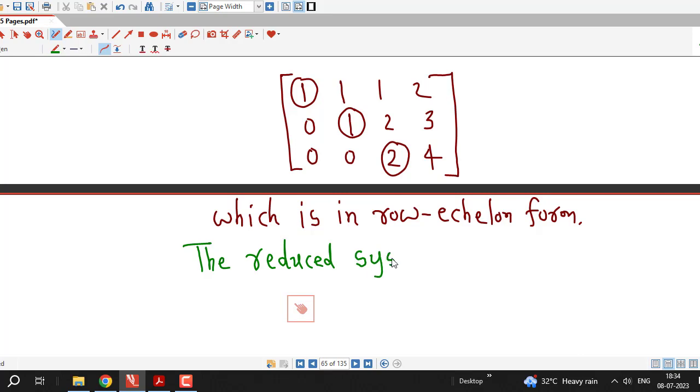The reduced system: the first column corresponds to alpha 1, this is for alpha 2, then alpha 3 and constants.